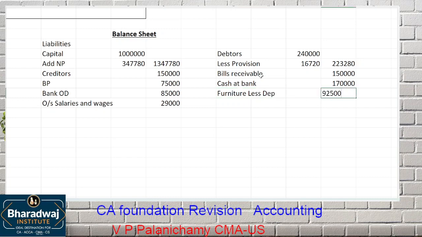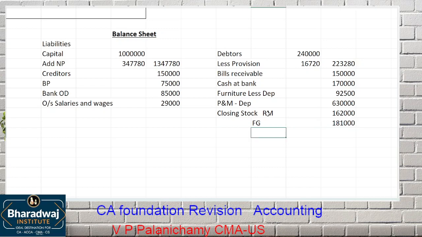Then plant and machinery minus depreciation 6,30,000. Then closing stock of raw material 1,62,000. Then finished goods 1,81,000. Then work in progress.